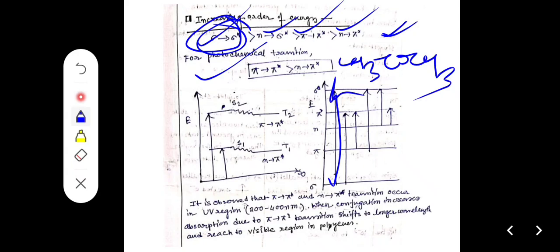So sigma to sigma star needs more energy, so it goes to the UV region, which we do not see with our eyes. So n to pi star and pi to pi star are possible, while n to sigma star is also not used.